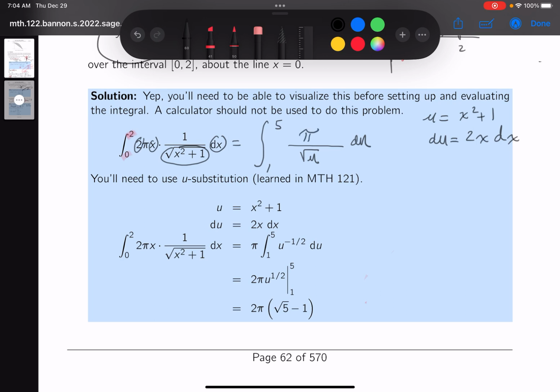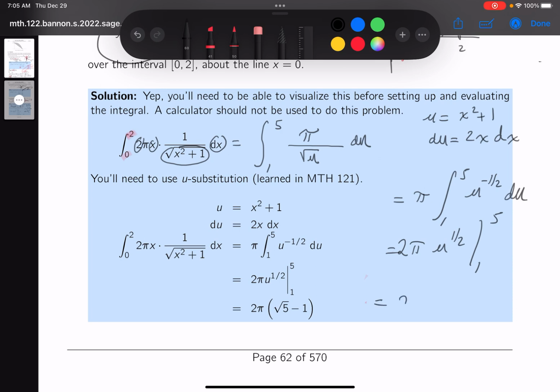So what I'm looking at now is an integration that's actually easier for me to do. Let's write this down. You're going to get pi, integral from 1 to 5, u to the minus 1/2 du. I'm going to increase that exponent by 1, so it'd be u to the 1/2. Divide by a half, like multiplying by 2, and evaluate that from 1 to 5.